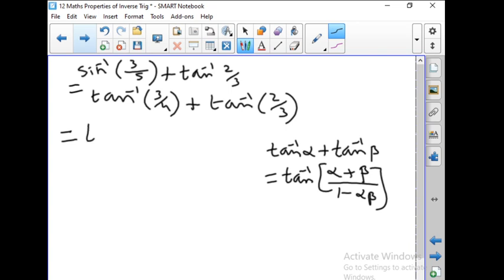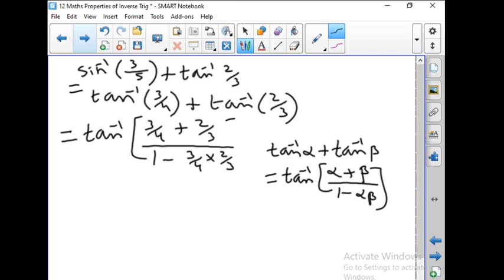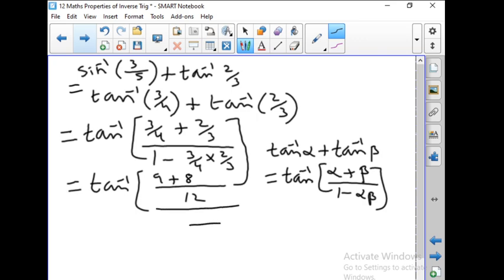So this becomes tan inverse of 3 by 4 plus 2 by 3 divided by 1 minus 3 by 4 into 2 by 3. Taking the LCM 12: 3 threes are 9 plus 4 twos are 8, by, again LCM 12, 12 minus 6.